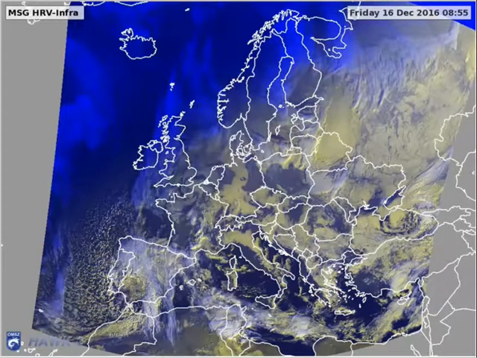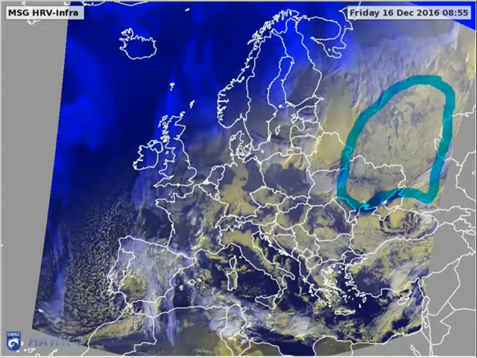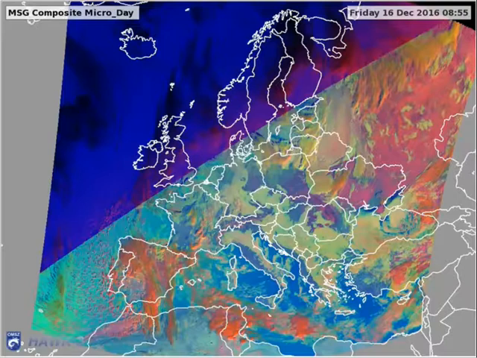After the sunrise, of course, we can see the clear or mostly clear Eastern Europe, but maybe one could say that above the snow surface there could be some low stratus or fog, and of course we can check it on the day microphysical channel.